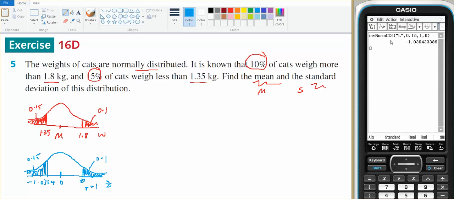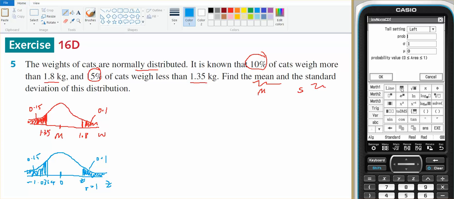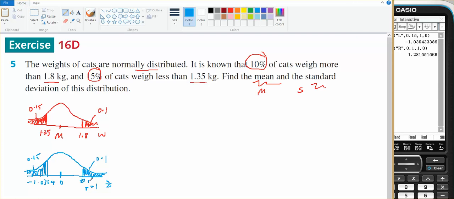I'll do it again: Interactive, Distribution, Inverse Normal, and I'm looking for a right tail where that probability is 0.1. And that gives me a Z score of 1.28155.